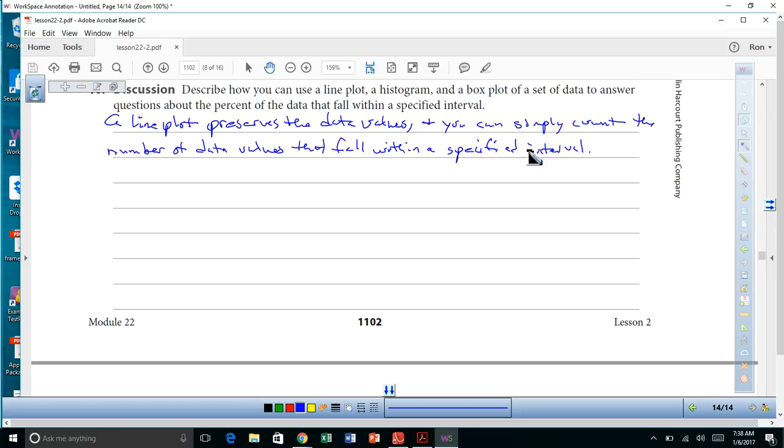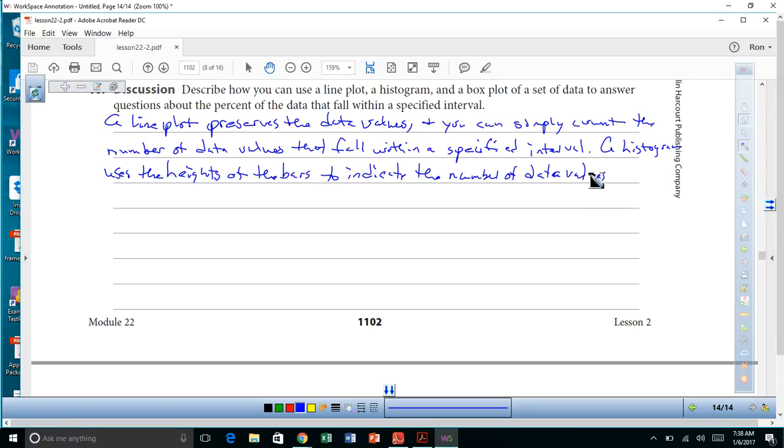A histogram uses the heights of the bars to indicate the number of the data values in intervals of equal width.